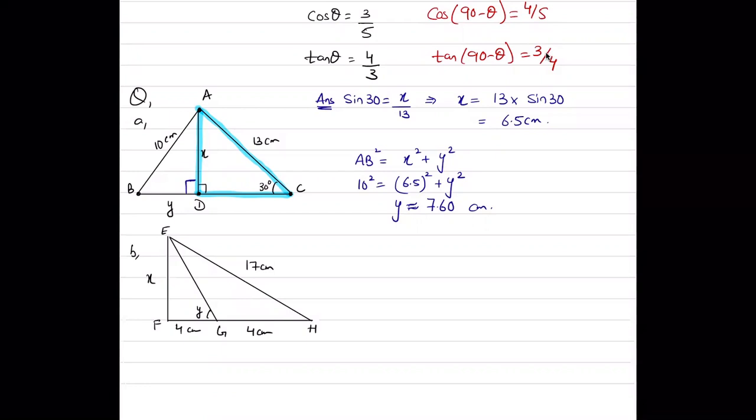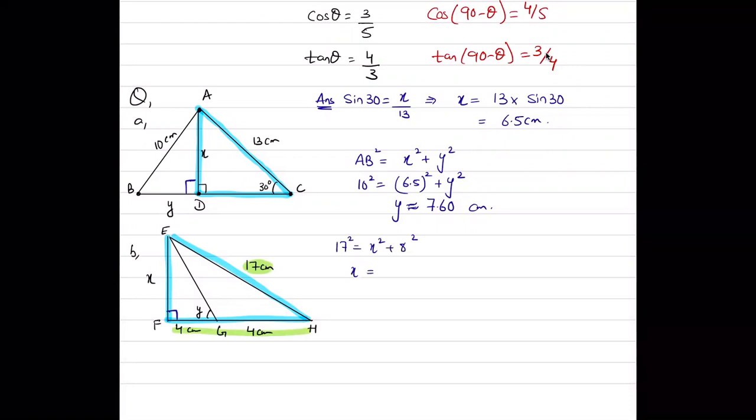You see, this angle F is a 90-degree angle. So your triangle EFH is going to be a right angle triangle. You know the length of FH, and you know this entire length is 8. So now you can use Pythagoras theorem. 17 square is going to be equal to x square plus 8 square, and you can find the value of x from here.